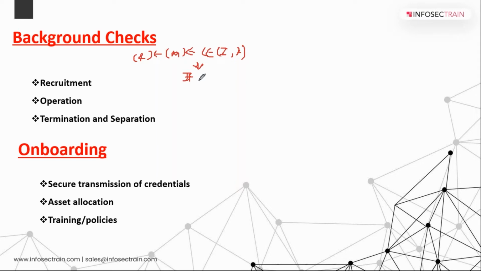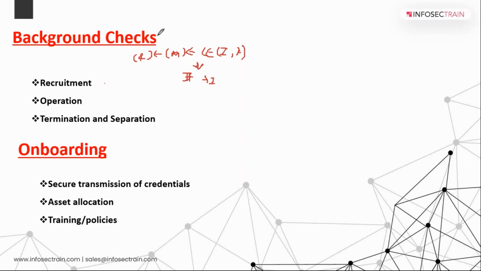Now, this background check is not always the same. Some of the background checks are performed internally by your organization, or some of these background checks are done externally by a third party. In recruitment, we generally check the location of the selected person, whether that person has been working in a particular job role or not.